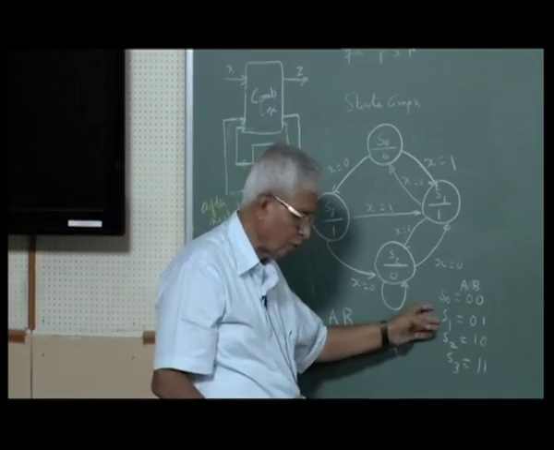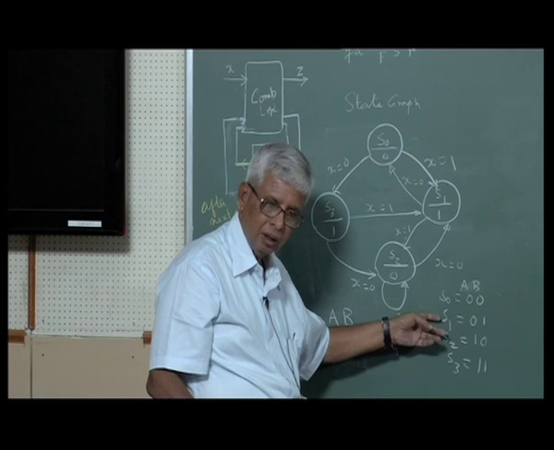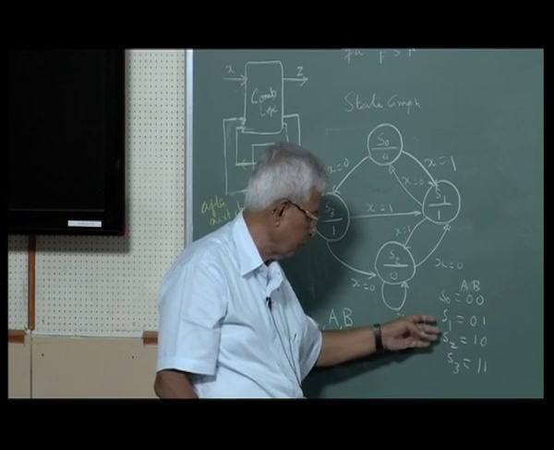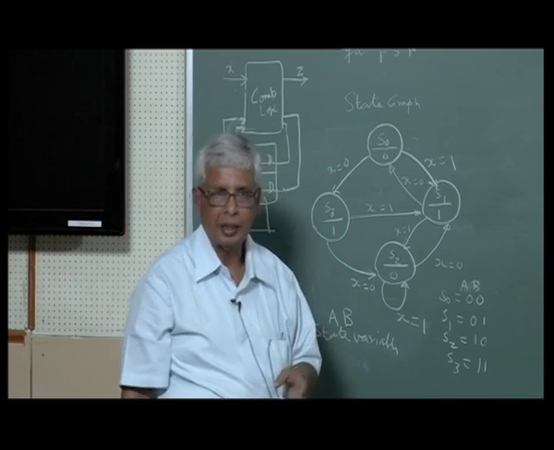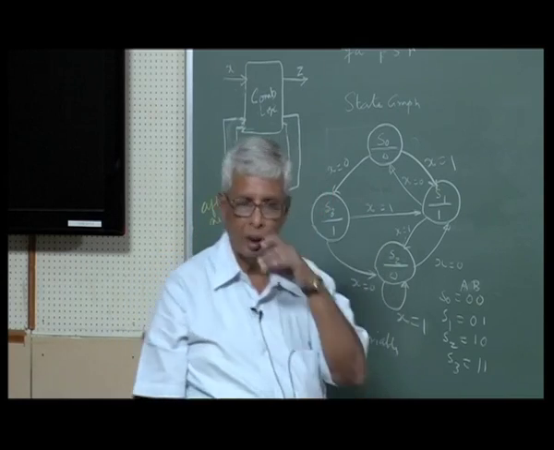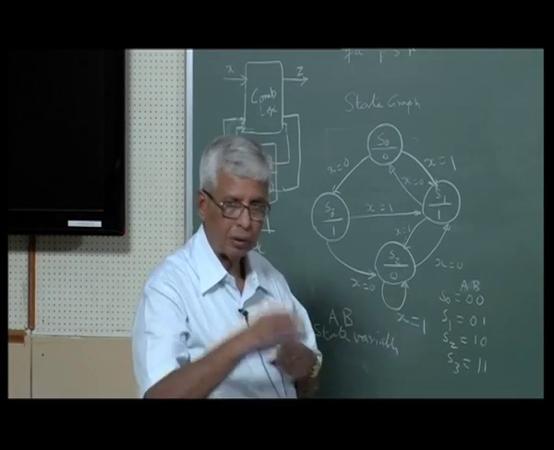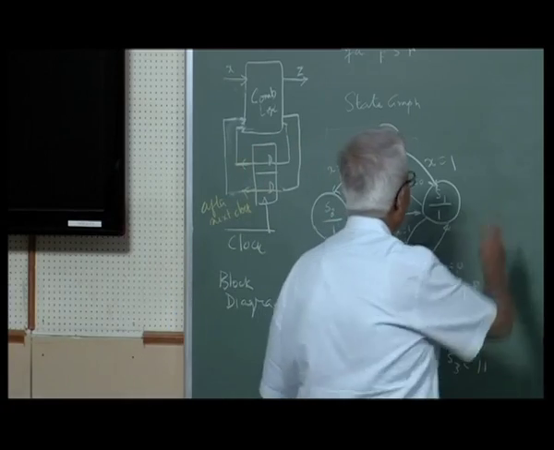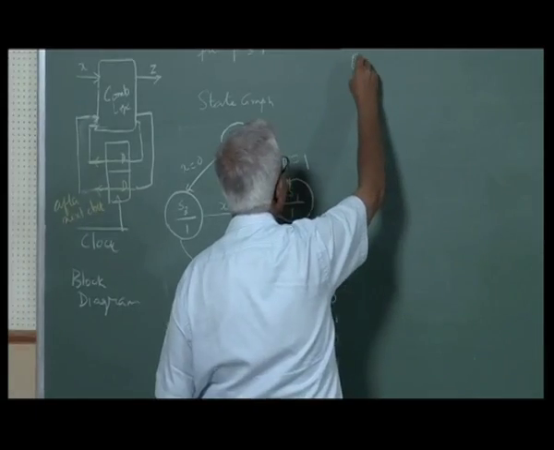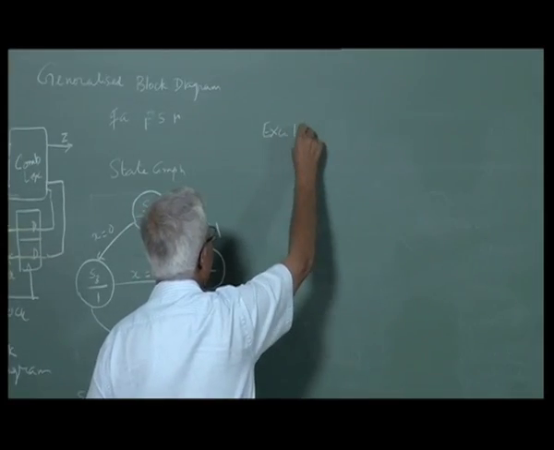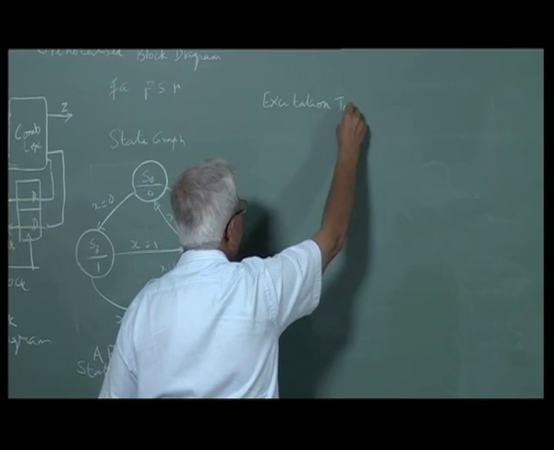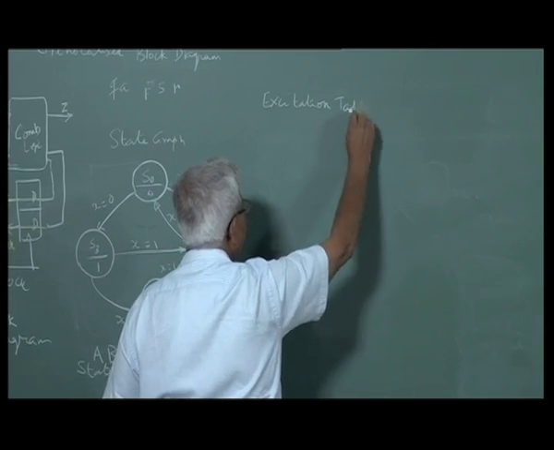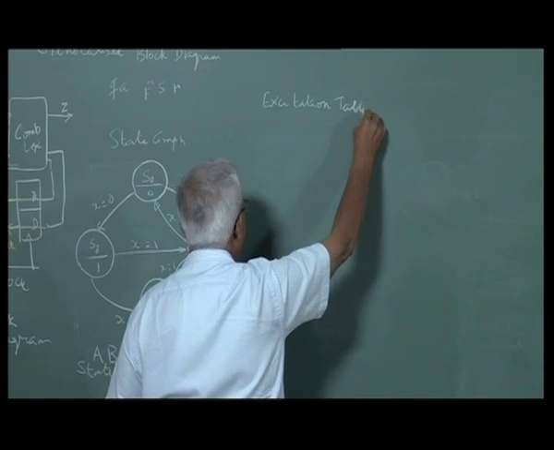Anyway, I need this for flip-flop design. For drawing the Karnaugh maps, I cannot do maps with S0, S1, S2, S3, I need maps with A and B. So I will straight away write it to avoid one step. So I will call it the excitation table, which is the next step of the state table. I hope you understand this, because there is no point in doing it again and again.